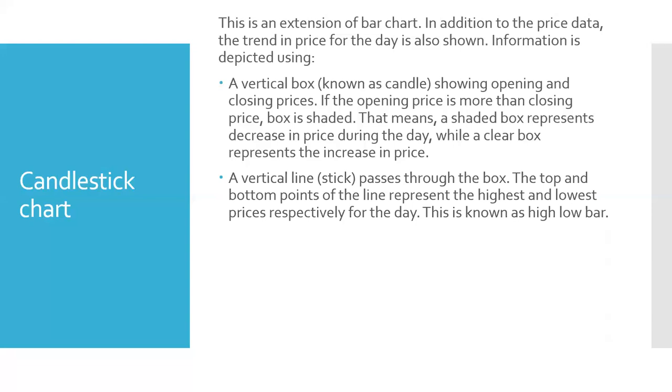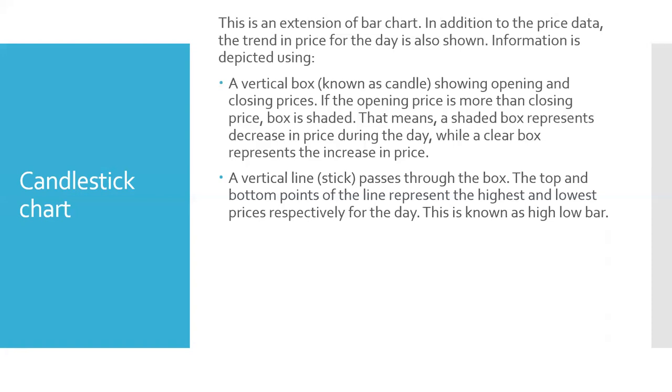This line is nothing but a high-low bar. That means it depicts the highest and lowest prices for the day. The top portion of the line shows the highest price on a particular day, and the bottom point of this line shows the lowest price for a particular day, right?